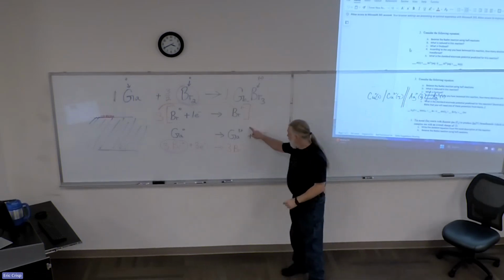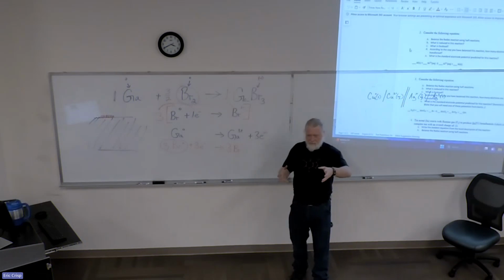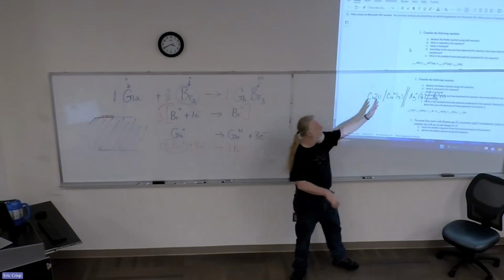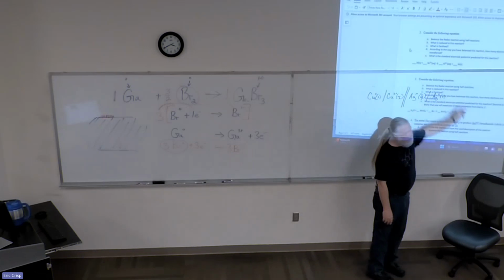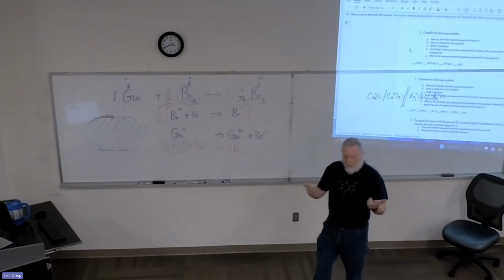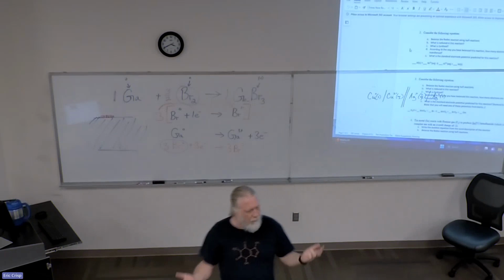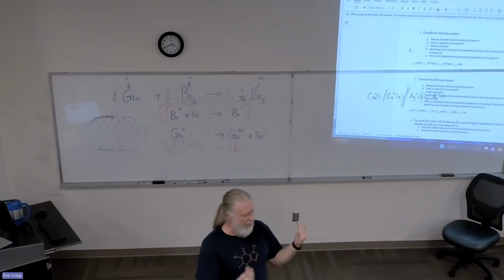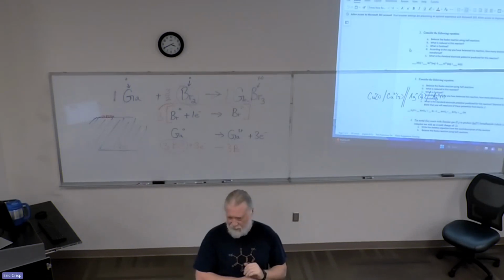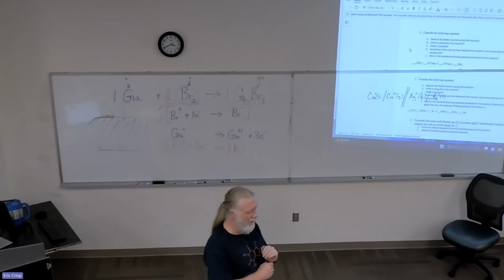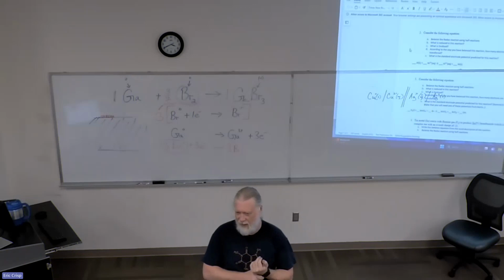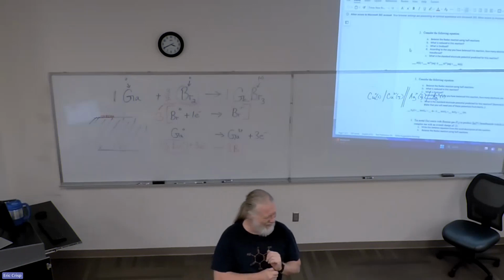Oh, you know what? We had 3, yeah, so we could do that. Make sense? But now there's another piece. What's the standard potential? You can go ahead and do that. You can read about how to do that, but we'll come back to that on Wednesday. Okay? But go ahead and turn in with everything that you can on this first, so that you know what I'm talking about on Wednesday. All right?